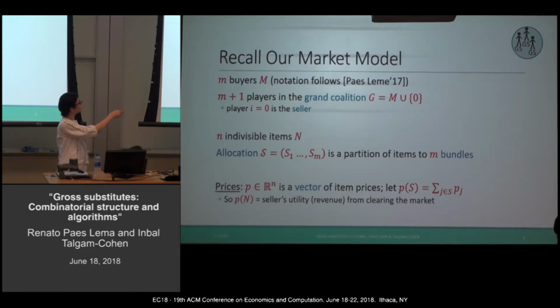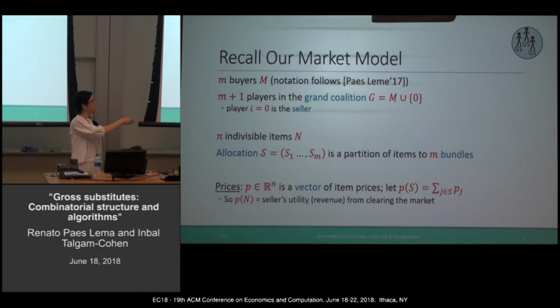I have indivisible items, N of these items. And an allocation is just a partition of these into bundles. I'm going to denote it by S. And the bundles go to the different players. And then I have prices. I'm going to use P for a price vector. And I'm using the notation P of a bundle S to denote just a sum of the prices over the individual items.